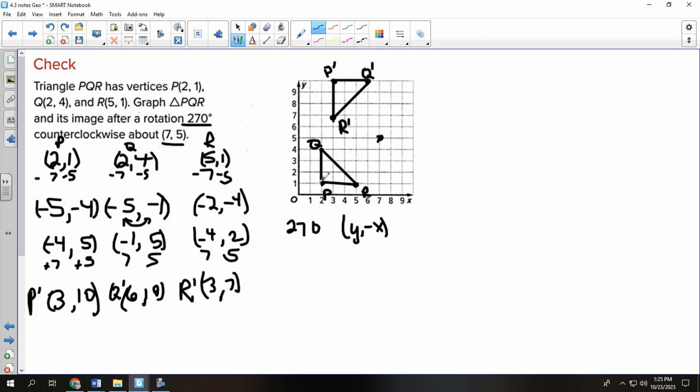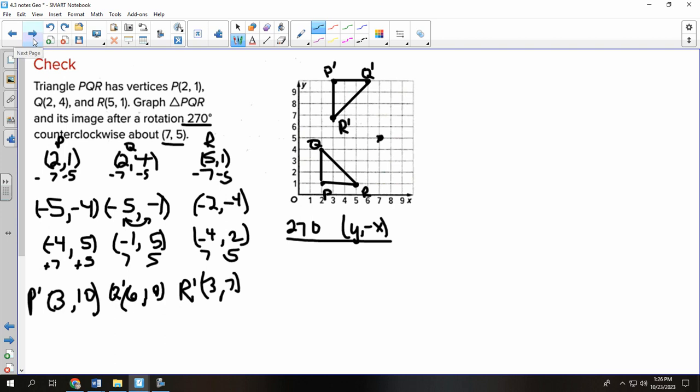We moved all the coordinates back 7 and down 5 so that we'd be at the origin. Then we did the rotation operation to it, and then we moved it back over 7 up 5 to get our rotated point. All right, that was 4.3 review.